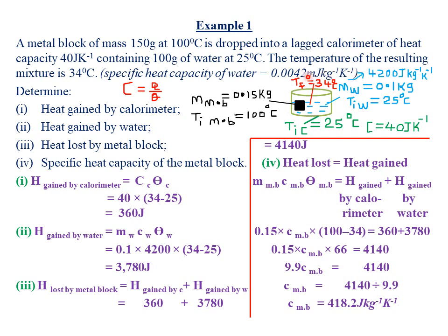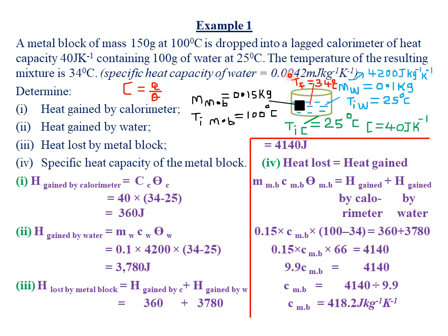Therefore, to convert 0.0042 megajoule per kilogram per Kelvin into the SI unit of specific heat capacity, which is joules per kilogram per Kelvin, I'll simply say that if 1 million joules per kilogram per Kelvin is equal to 1 megajoule per kilogram per Kelvin, what about 0.0042 megajoule per kilogram per Kelvin? That will be over 1 megajoule per kilogram per Kelvin multiplied by 1 million joules per kilogram per Kelvin.